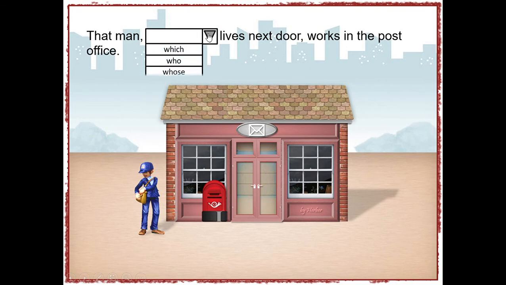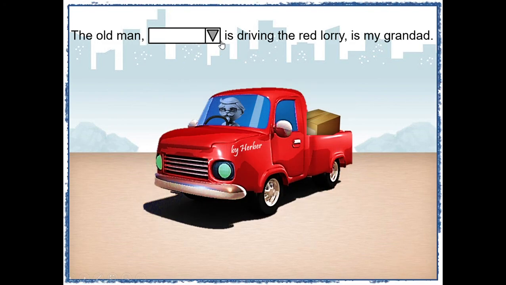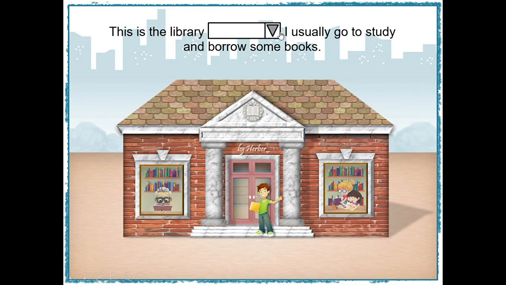That man who lives next door works in the post office. The old man who is driving the red lorry is my granddad. This is the library where I usually go to study and borrow some books.